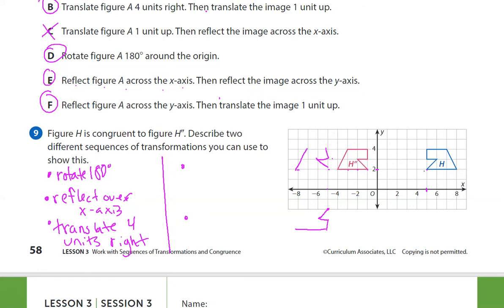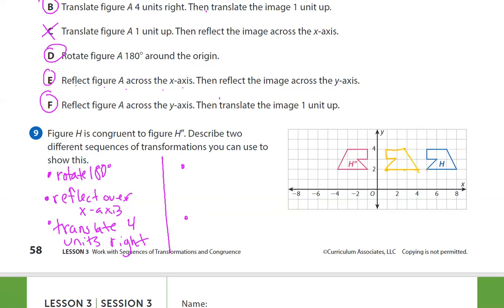Now I'm going to clean that up. And what do we want our second sequence to be? I bet we could find a much simpler one. I went overboard on that one because I just really wanted to do a rotation. Let's just shift over 1, 2, 3, 4. So now it's a proper reflection. There we go.